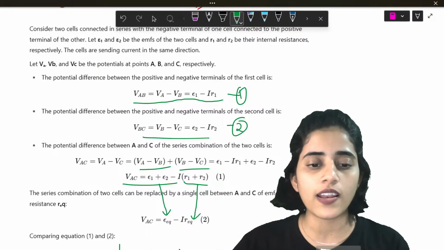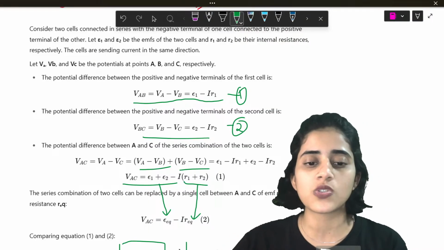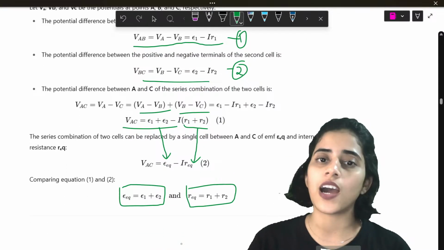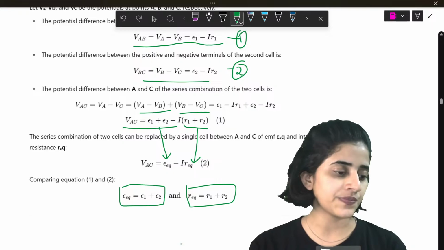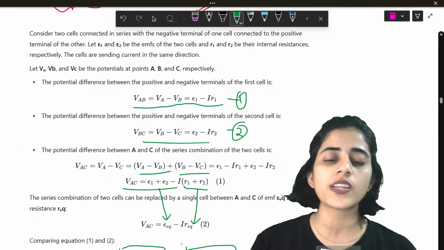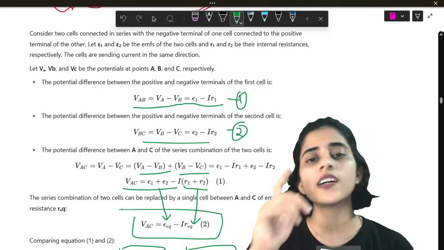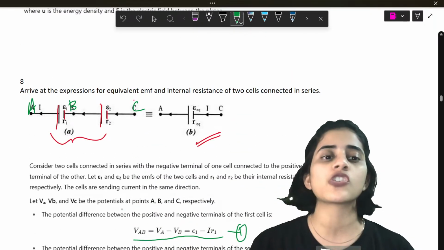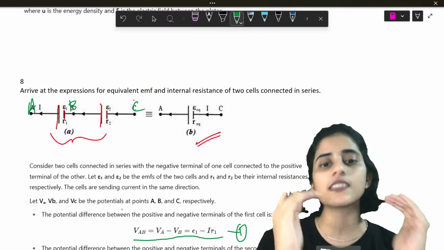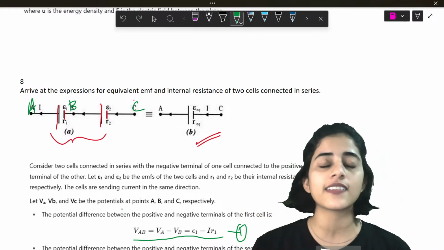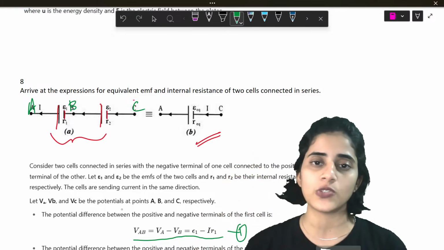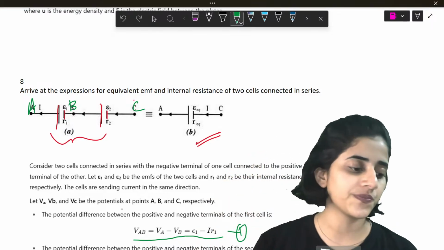So E equivalent is E1 plus E2, R equivalent is R1 plus R2. So this is the formula for equivalent resistance. You can see this is similar to the formula of a single cell. That is why the pictures show that if you have two cells, their equivalent resistance and EMF is equal to having one cell of the same value.